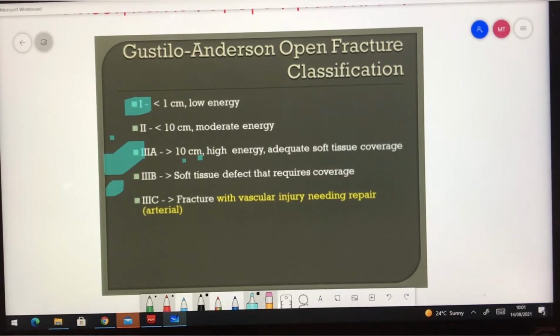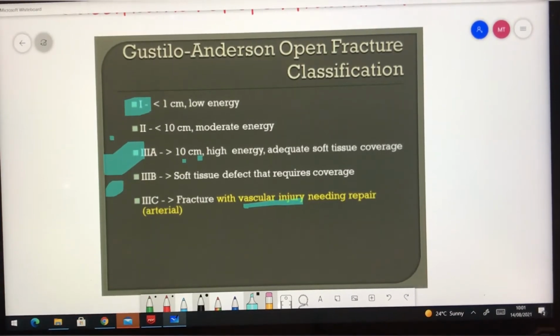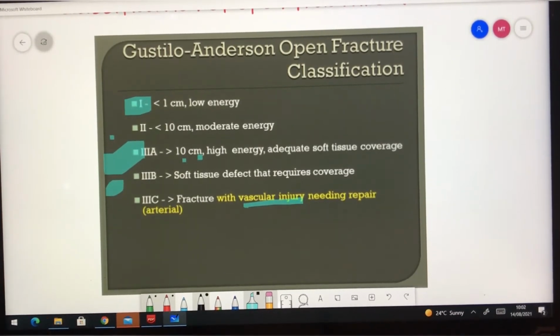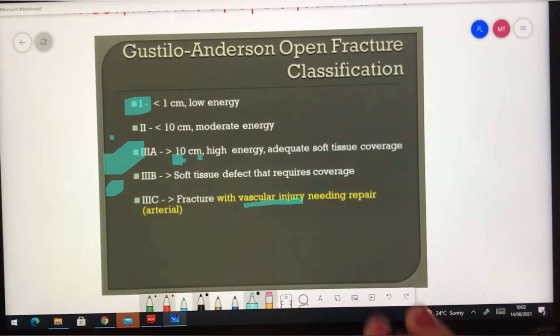In case of 3C, it is a large wound with major arterial damage. So in any fracture, if there is a vascular damage, we will put it in type 3C. What is the basic difference between type 3A and 3B? In case of 3A, the periosteum is intact, but in case of 3B, the periosteum is stripped.